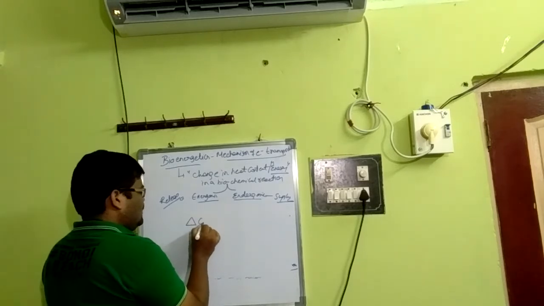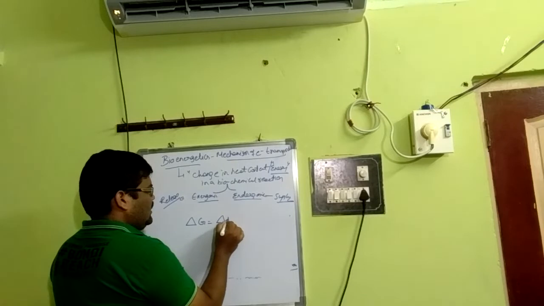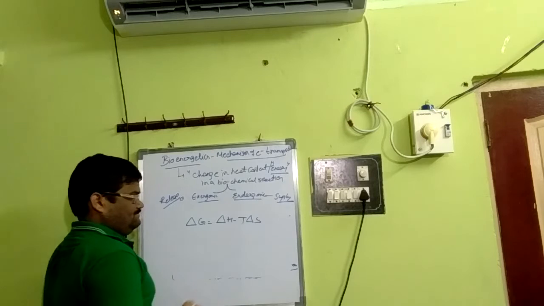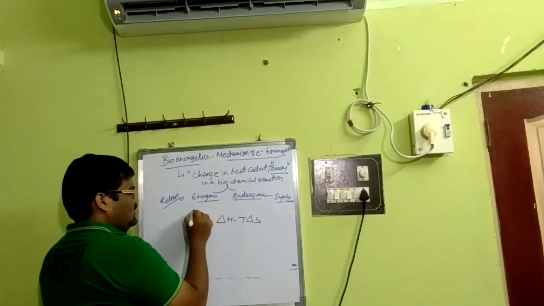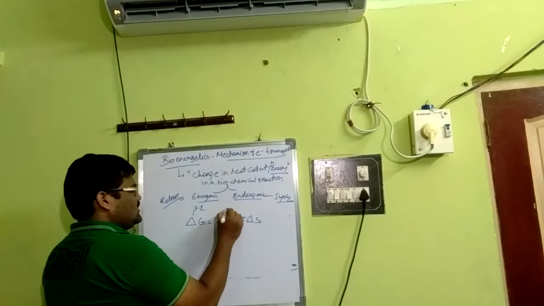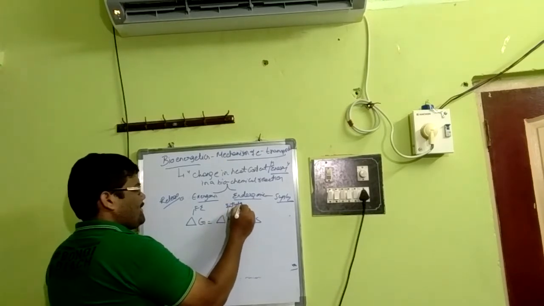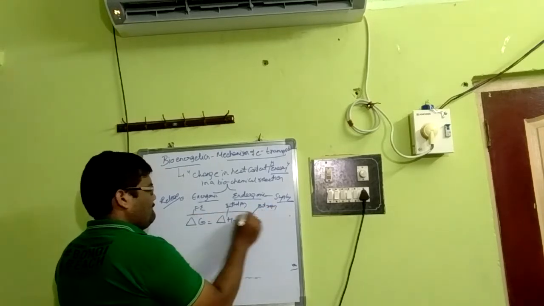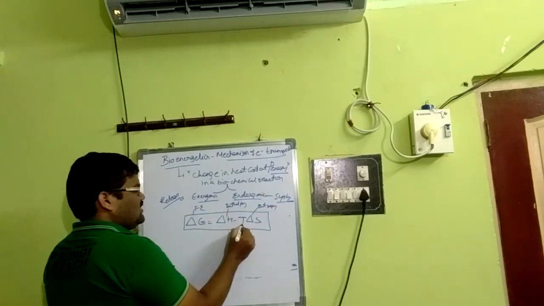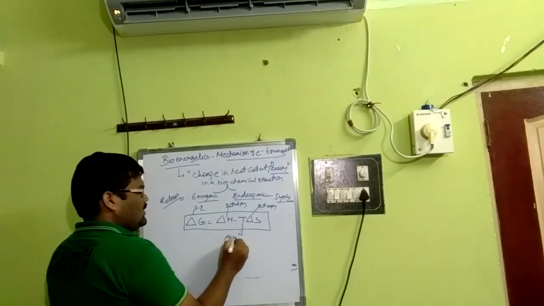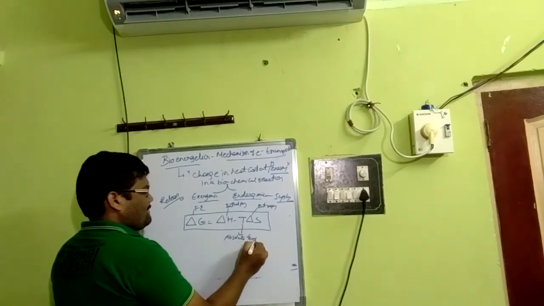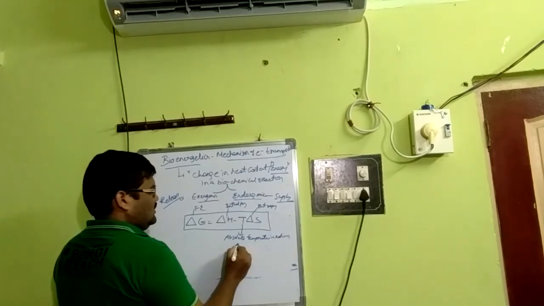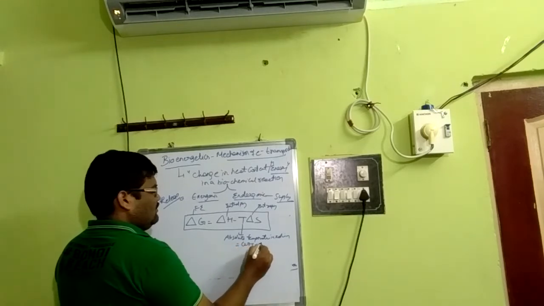Delta G is equal to delta H minus T delta S. Here delta G is free energy, delta H is enthalpy, delta S is entropy. This is very important. Whereas T is absolute temperature in Kelvin, that means 273 plus degree centigrade.